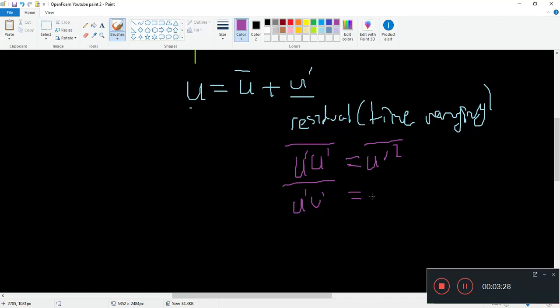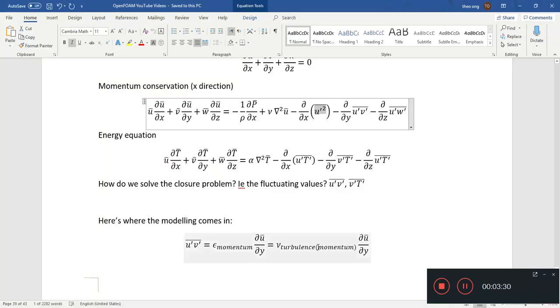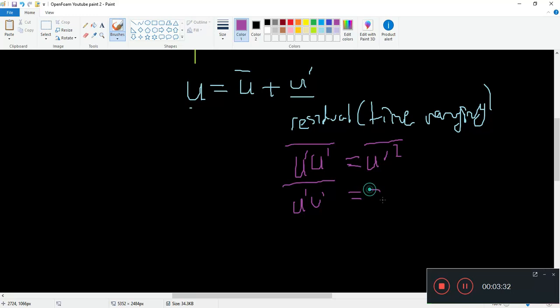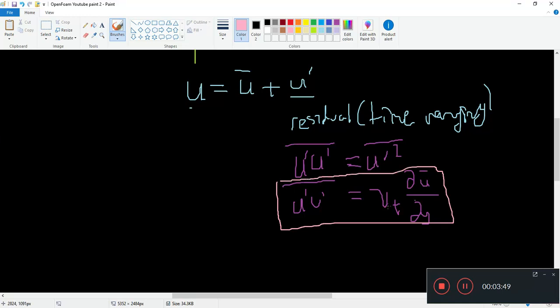And how it's being modeled is that there's some turbulent viscosity that accounts for the overall effect on the fluid. Of course, you make a lot of assumptions to do that, but the net effect is that you have this viscosity that acts upon the fluid due to the turbulence.